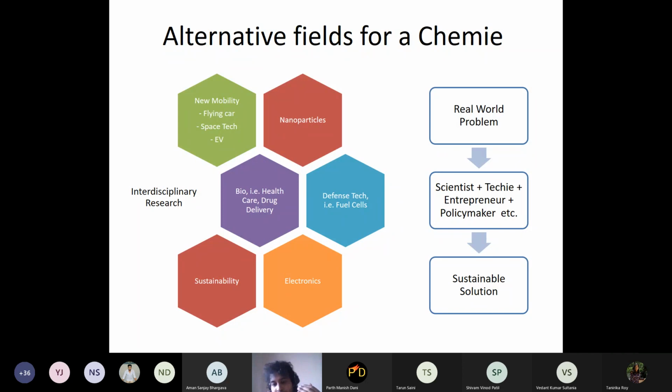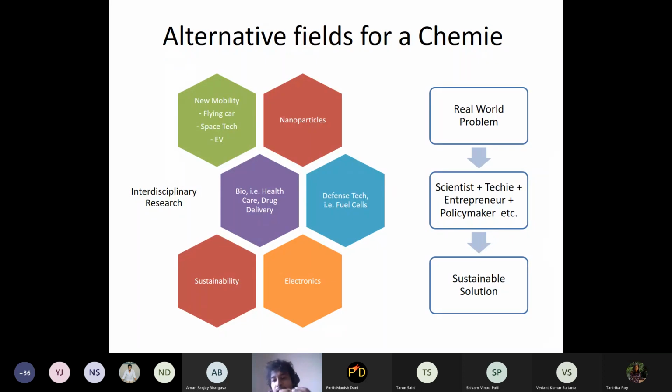Then comes space technology. More and more we are hearing about different space technologies, space tourism, and also startups that want to take out the inactive satellites. All these things are going on.